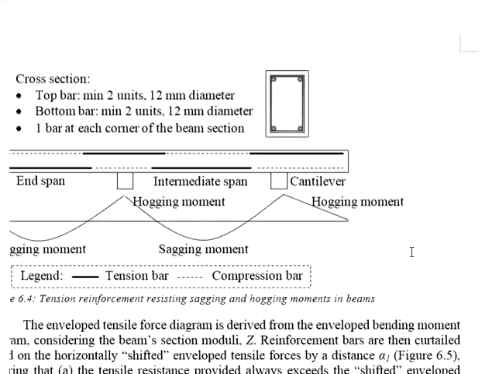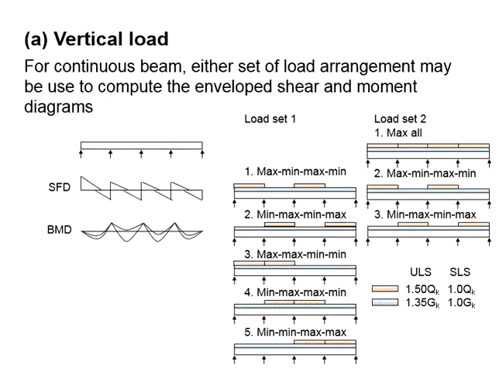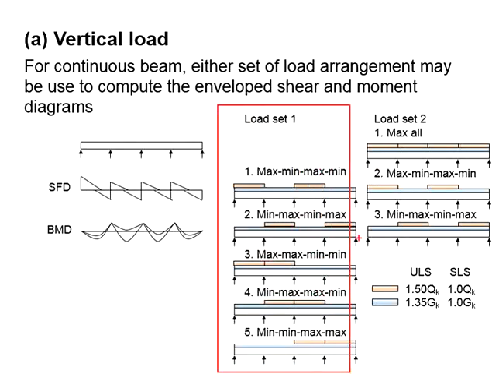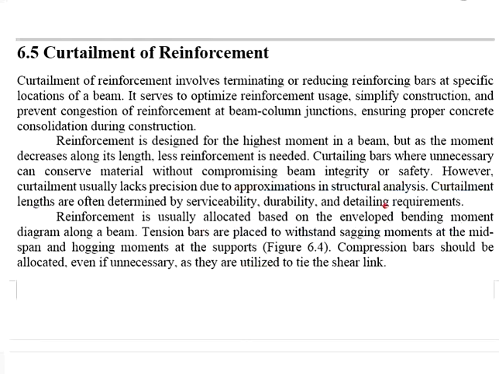And then if we are talking about a continuous span, we do the moment distribution method. This involves analyzing the members by assuming different types of load cases and then coming up with the envelope bending moment diagram. Due to the reason that the structural analysis is fundamentally based on approximations, when you do the curtailment, it cannot be too precise.